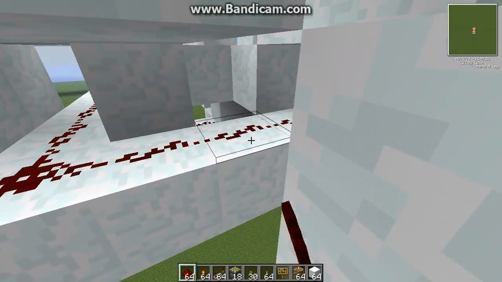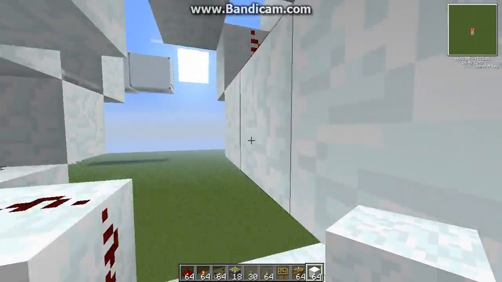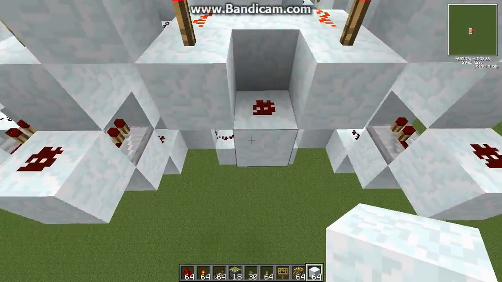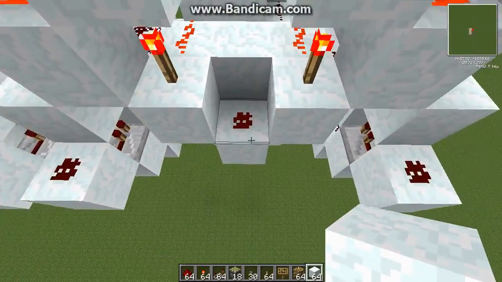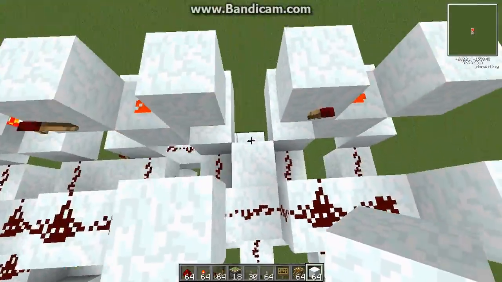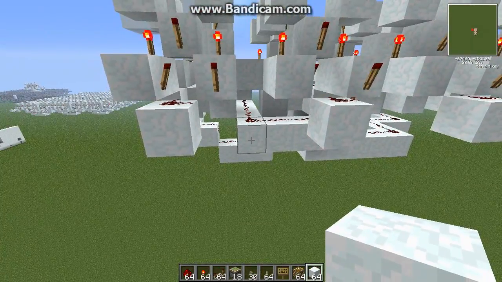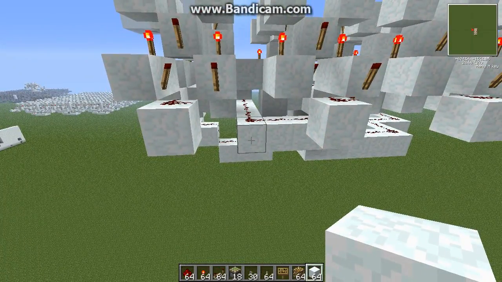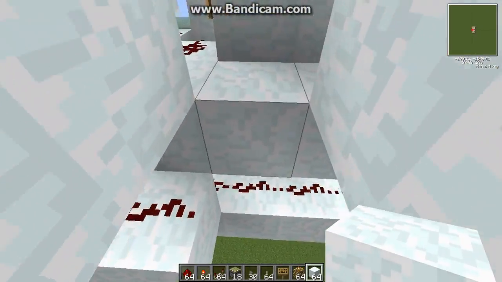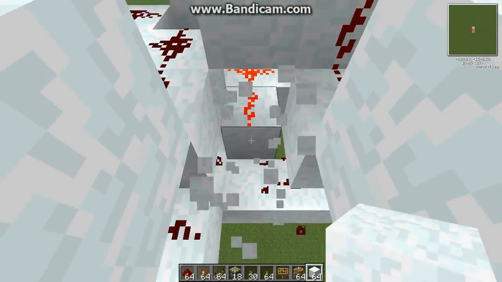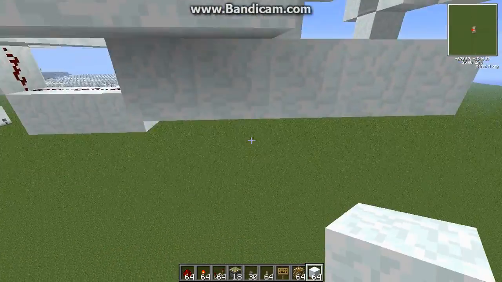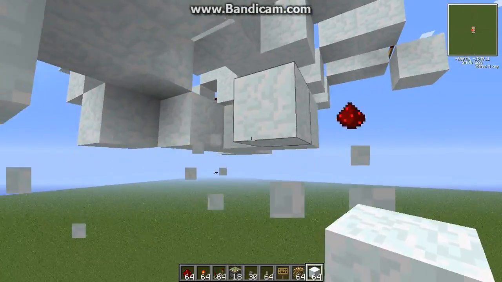And there. Now the one issue is that this wire right here is not going to be powering them if I connect them up like this. So there's one last thing I'm going to do. I'm going to move this torch, because really, okay, that doesn't work. But really, there's no reason why I couldn't do it like this, and just send this down.